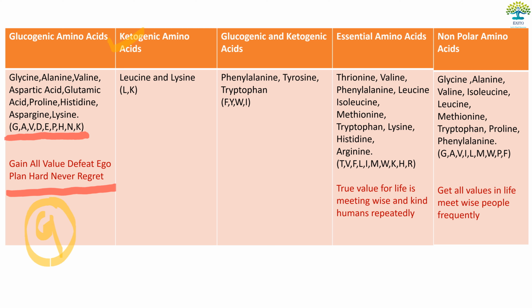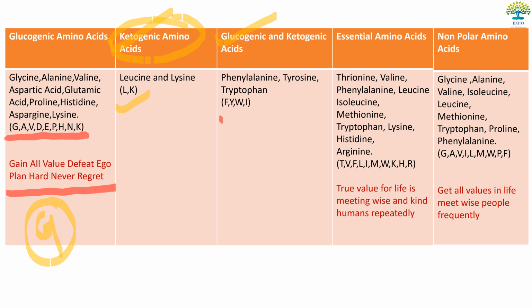Next are ketogenic amino acids, the amino acids which can produce ketones. Those are leucine and lysine. Next, glucogenic plus ketogenic amino acids, the amino acids which can produce glucose as well as ketones.